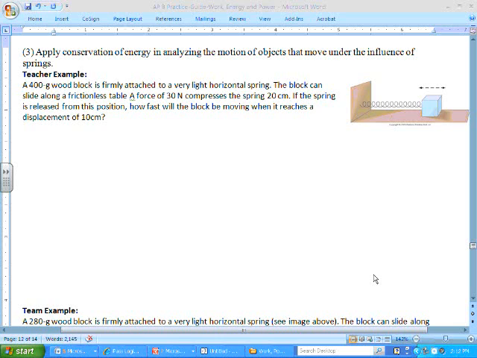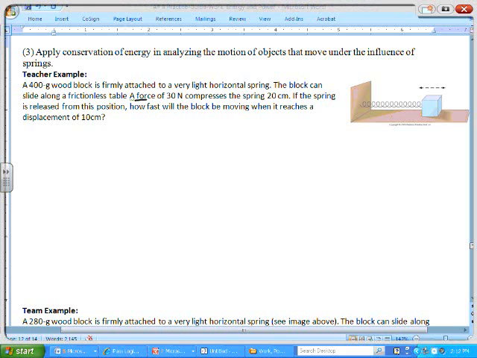Now, that's an energy problem, but if you look at the line where it says a force of 30 newtons over a distance of 20 centimeters, that's a hint that you can get your constant value, because the force divided by the distance traveled is going to be your value k.